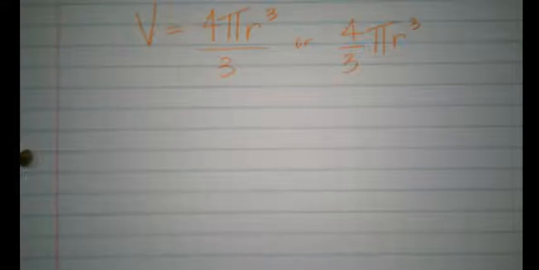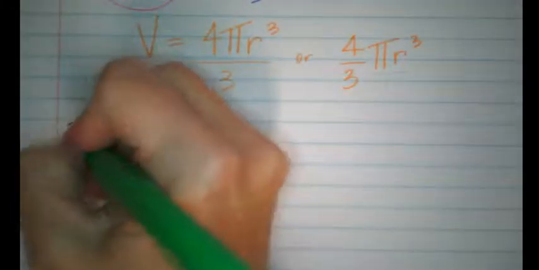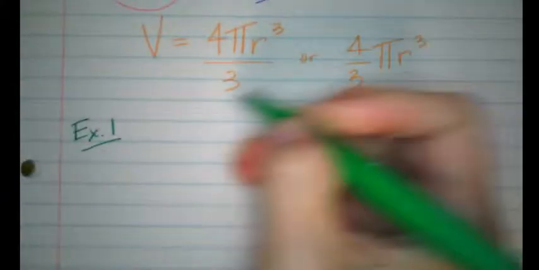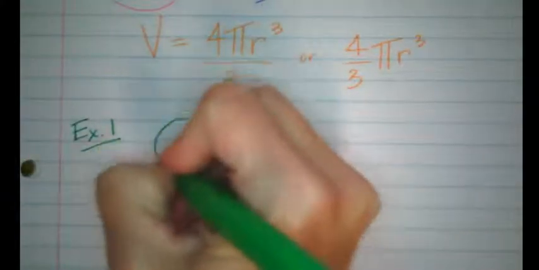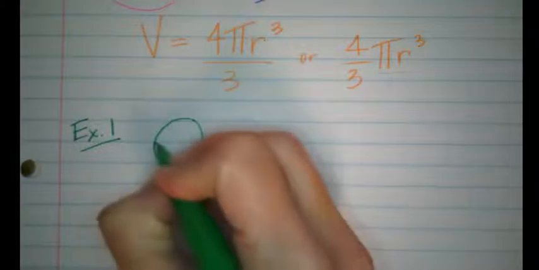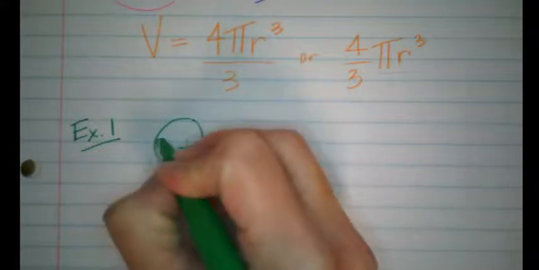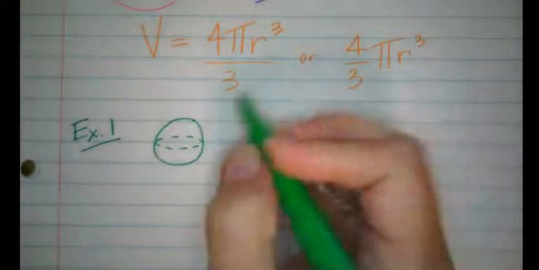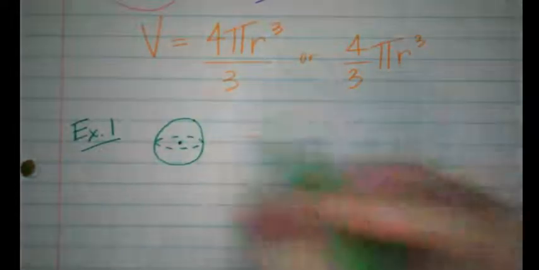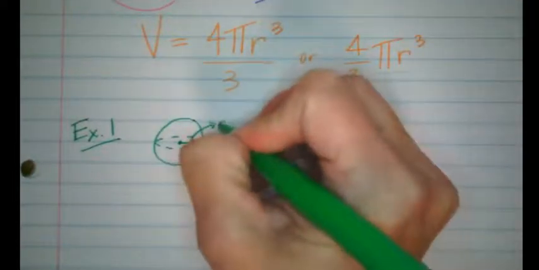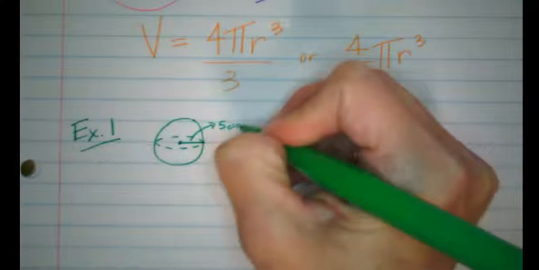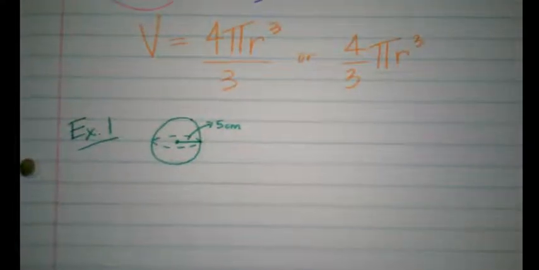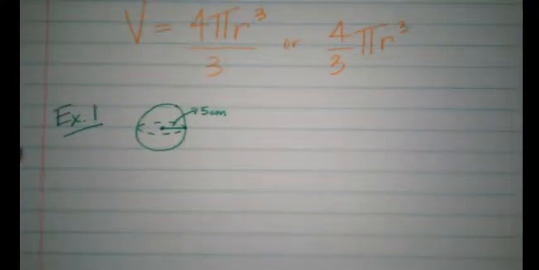So for our first example, let's say that, oh, that's awful. So we'll just pretend that this looks normal. Looks more like a potato, but anyways. And let's say we know that the radius is 5 centimeters, and we want to find the volume of this ball.